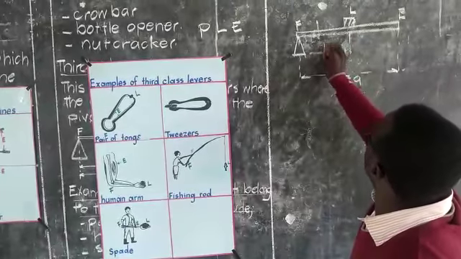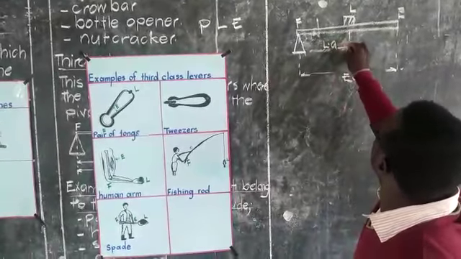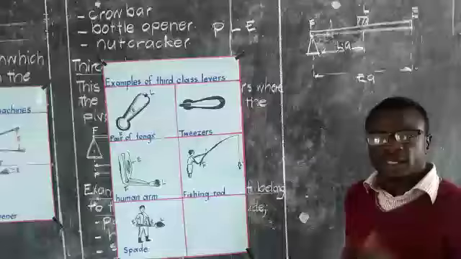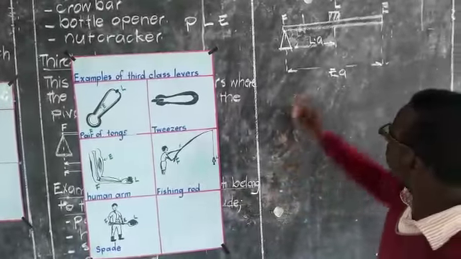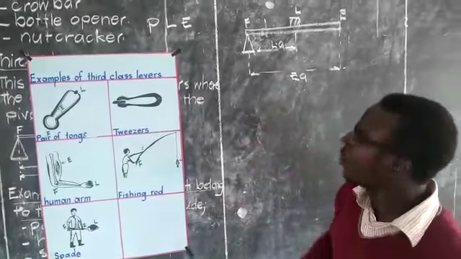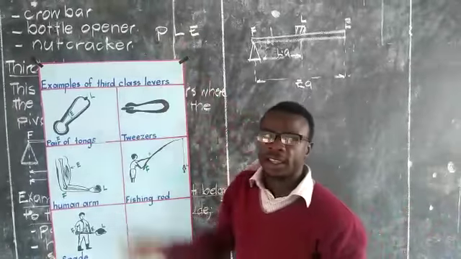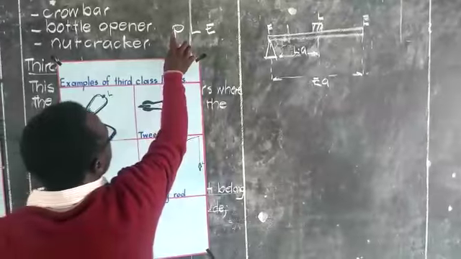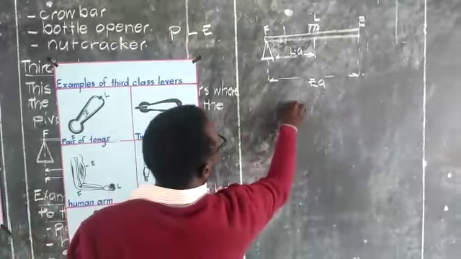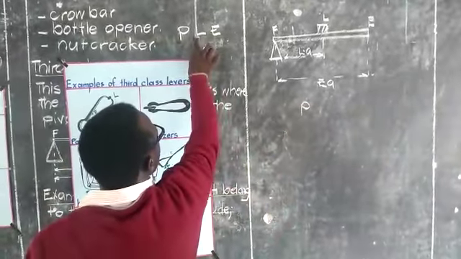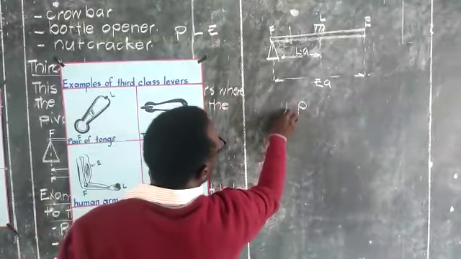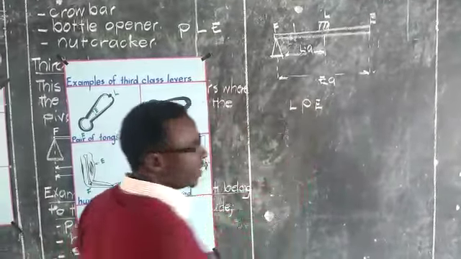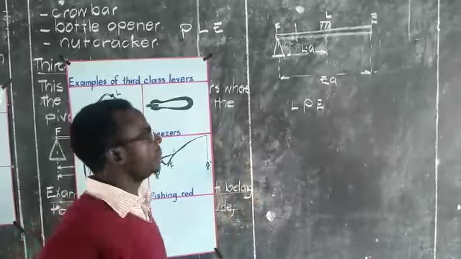This is what we call load arm. So, to which class of lever does this machine belong? We use the formula PLE. Therefore, you say, if the fulcrum or the pivot is in between the load and effort, that is first class lever.